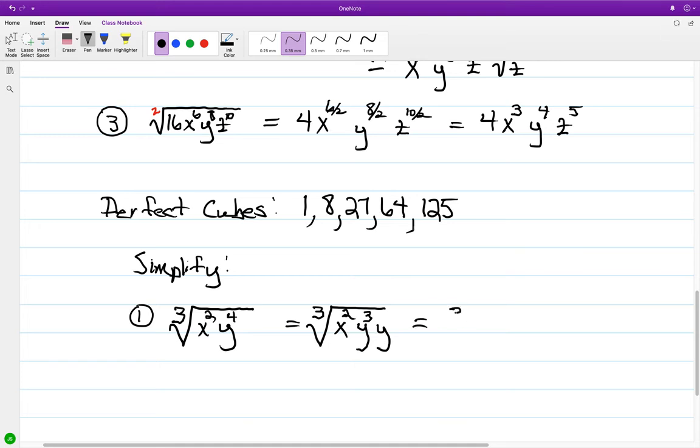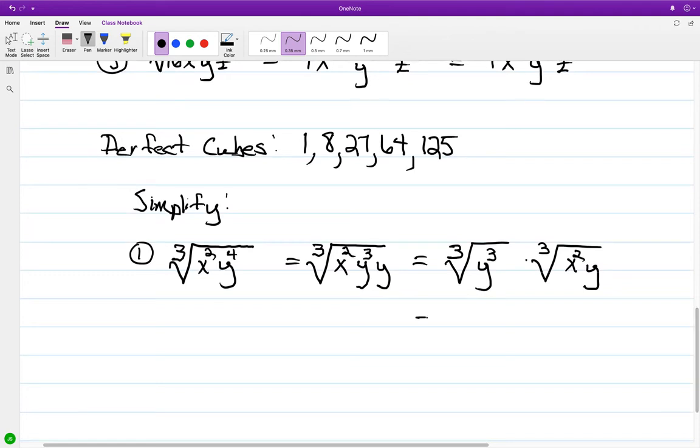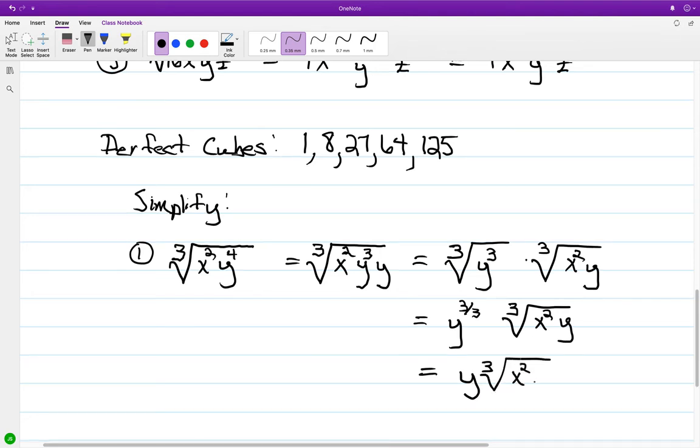So we have the cubic root of y to the 3rd times the cubic root of x to the 2nd times y. Taking the cubic root of y to the 3rd, you have y to the 3/3, so this would just go to y to the 1st. And so we have y times the cubic root of x squared y.